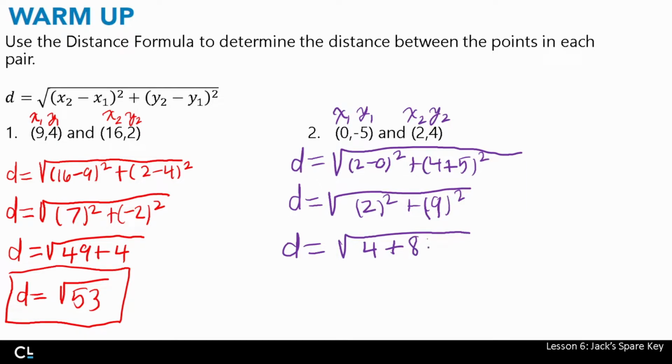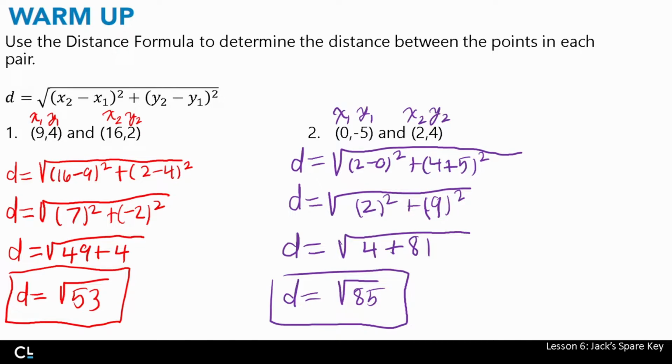That's going to give me 81. Add those together and we get d equals square root of 85. There's our second answer. Nice and simple. So let's get into our lesson for today.